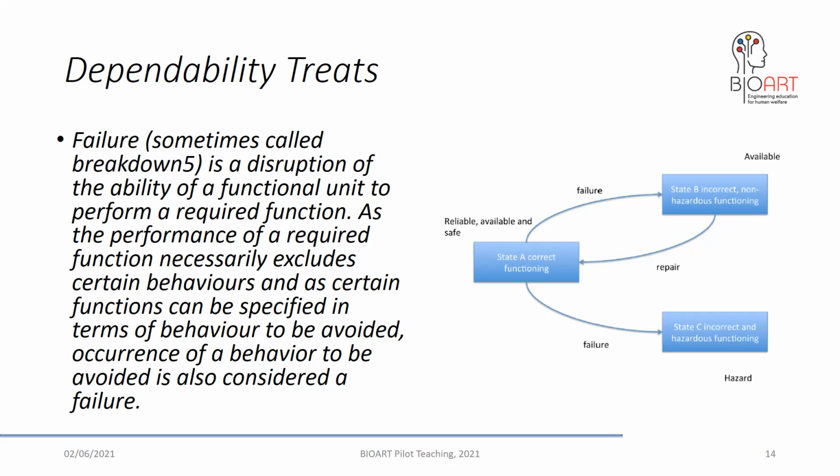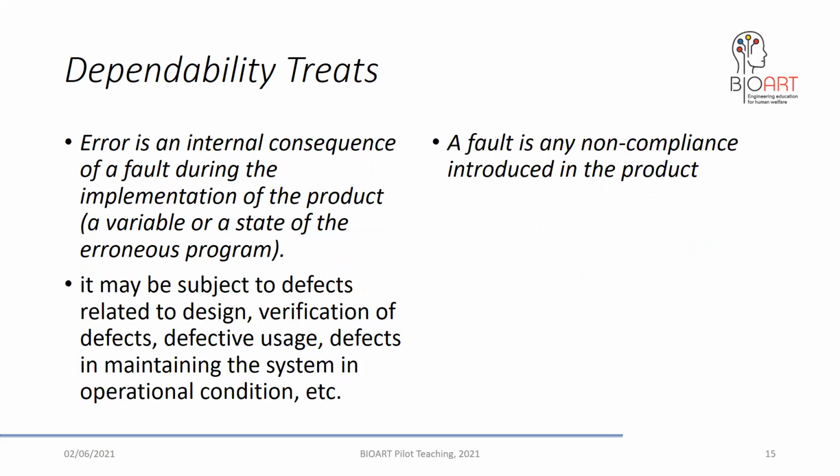So you identify that it exists, you take some repair, for example, and then your system returns to the correct state. But there are other types of failure which could bring your system into an incorrect and non-working state.